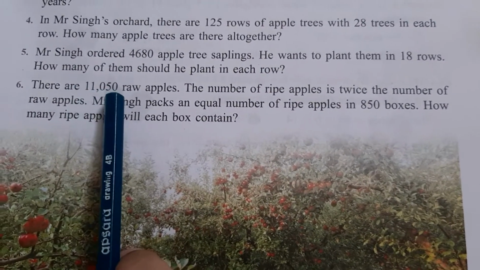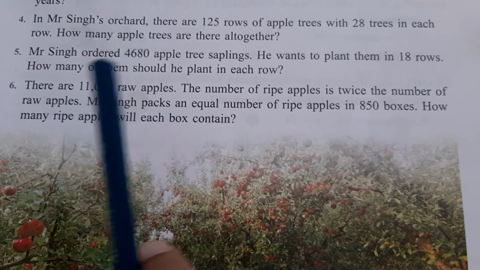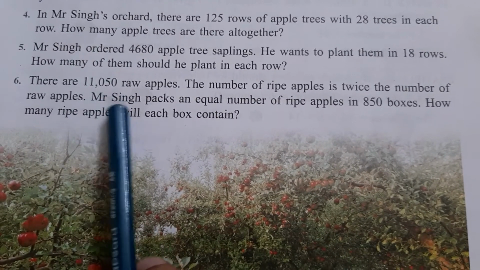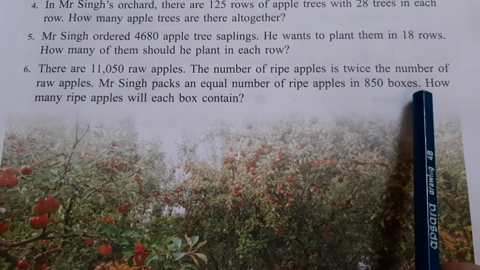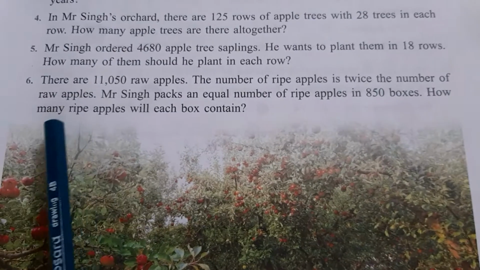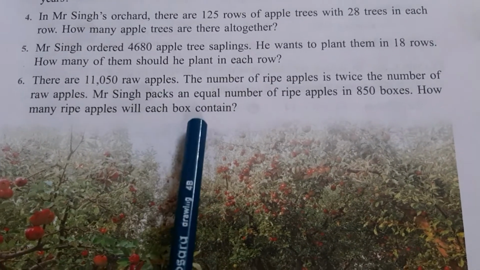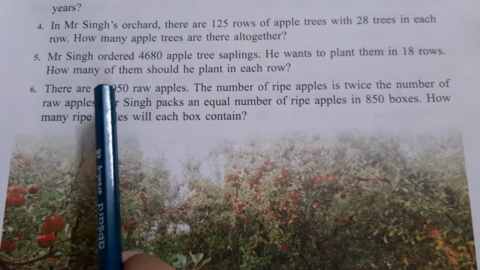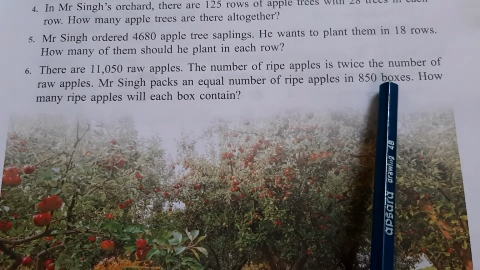Then that many apples packed in 850 boxes. You have to find how many apples are packed in one box. Again, you have to find the value for 1. It means that value will be divided with 850.